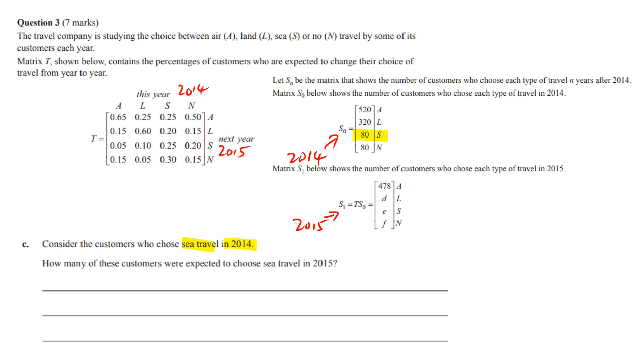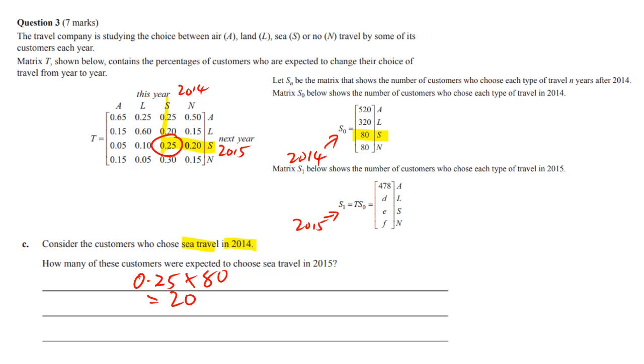So we want S to S, and so we need this number, 0.25. So a quarter of the S in 2014 become S in 2015. So it's a quarter, or 0.25, times 80, which does equal 20.